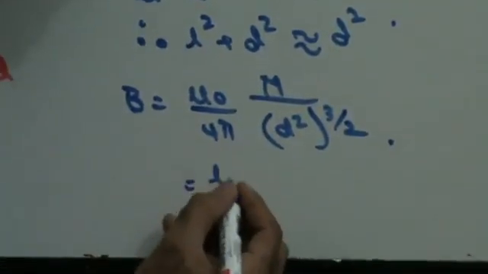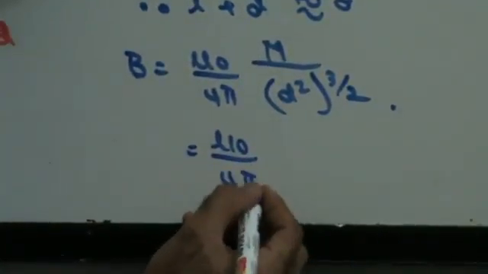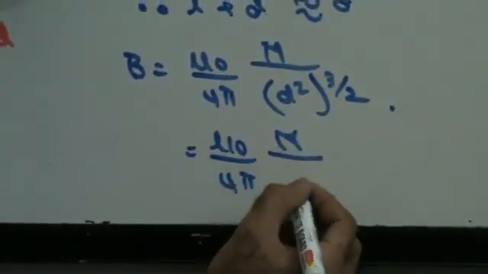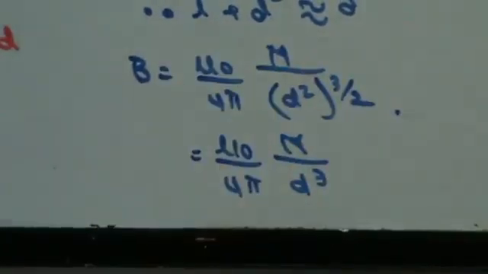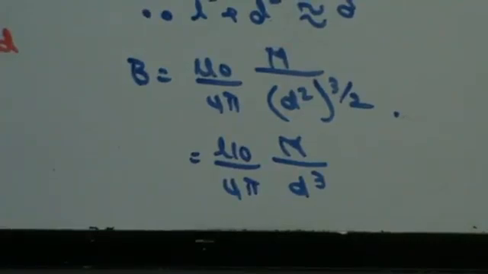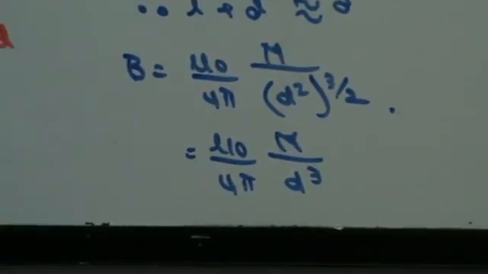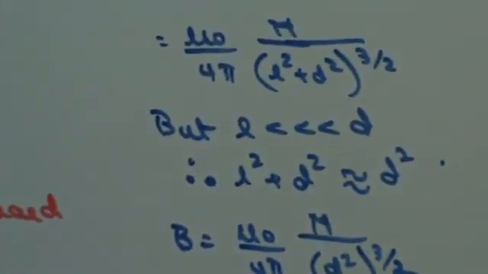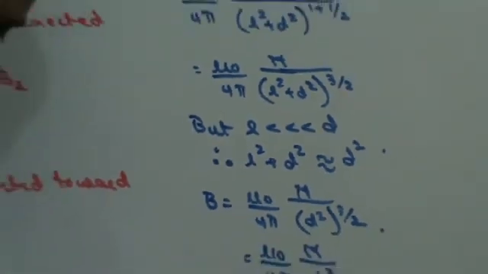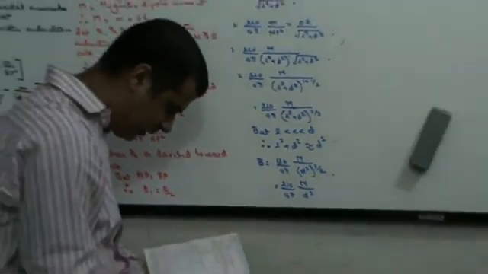So this is going to be mu 0 upon 4 pi M upon D cube, because square and square will get cancelled. So that is going to be the magnetic induction due to a bar magnet at a point along the equator. Fine, do we get this thing clear?